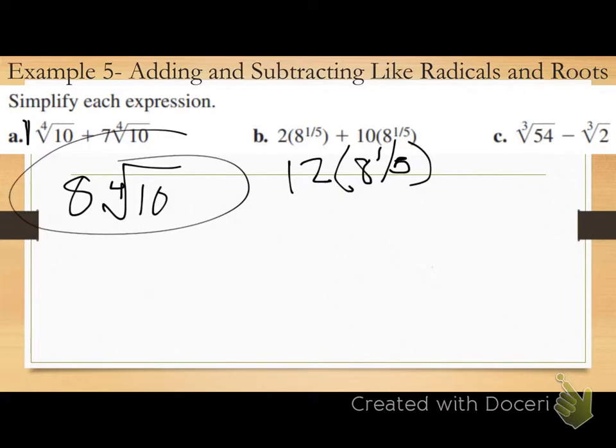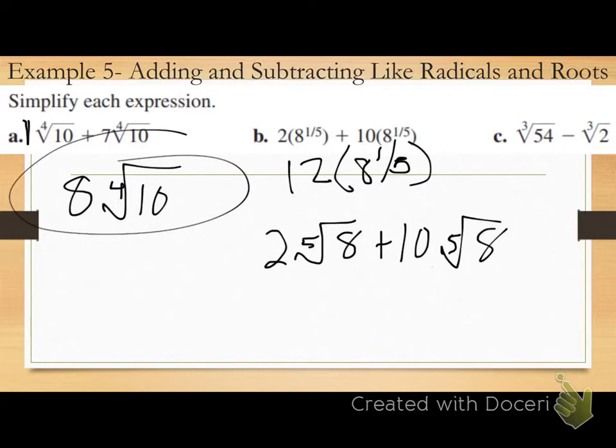Does anyone remember why I'm able to do the 8 to the 1/5 like that, where I just treat it like a radical? I can turn it into a radical. Very good. It is the 5th root of 8. So it's 2 times the 5th root of 8 plus 10 times the 5th root of 8.